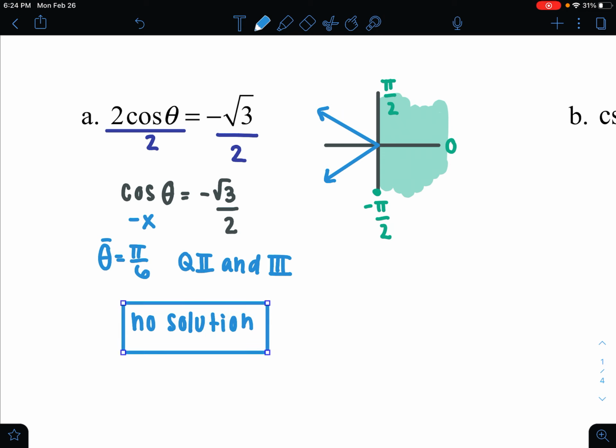All right, now let's check the next one. When something's squared, we want to get rid of that, so we're going to square root both sides, and we get cosecant of theta is equal to plus or minus the square root of 4.